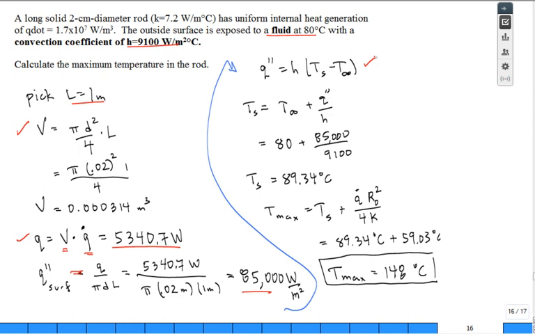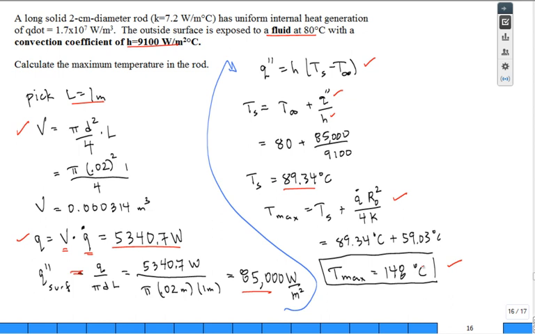So I know that it has to be convected off at a surface. So we have the convection coefficient. We just calculated q double prime. We calculate the new updated surface temperature. It's a little warmer than the 80-degree fluid temperature. It's 89. Then we use the same equation to get the new maximum, 148 degrees C.